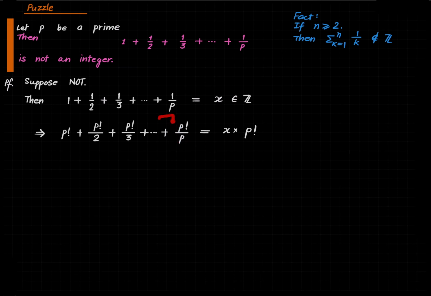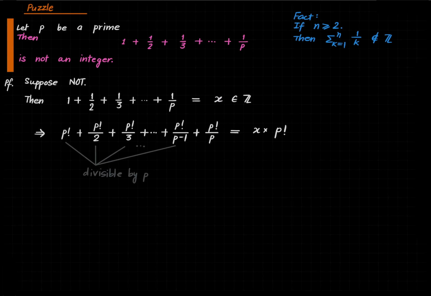So all the things before the last term, they are divisible by p. So maybe I will write it that way to illustrate it better. So we get p factorial divided by p minus 1 over here. So what I'm saying is that all of these terms, they are divisible by p.